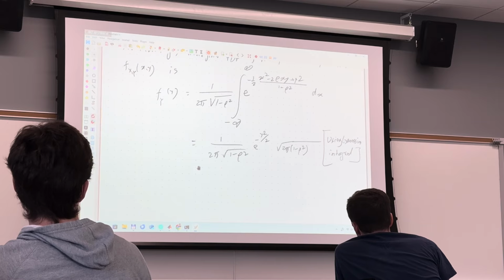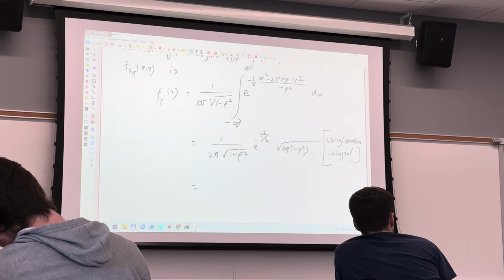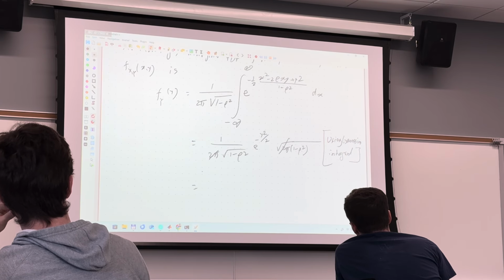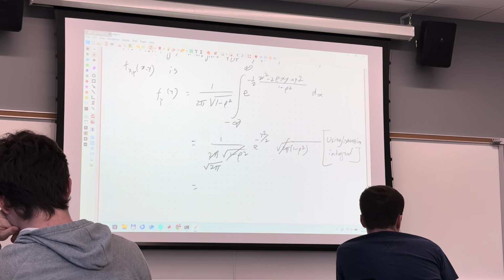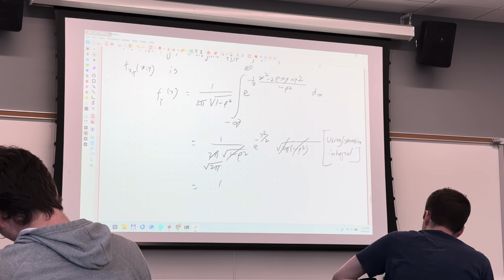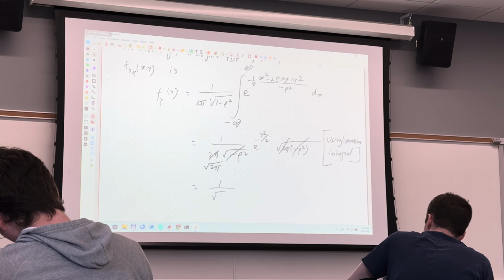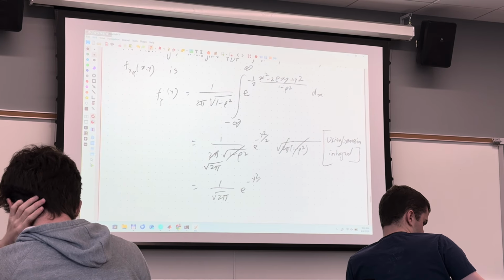So now, eventually, you will see that this 2 pi, square root over 2 pi, here you have 2 pi, you are left with square root over 2 pi, this is square root over 1 over rho squared, and 1 over rho squared disappear. You are left with 1 over square root over 2 pi e to the negative y squared.